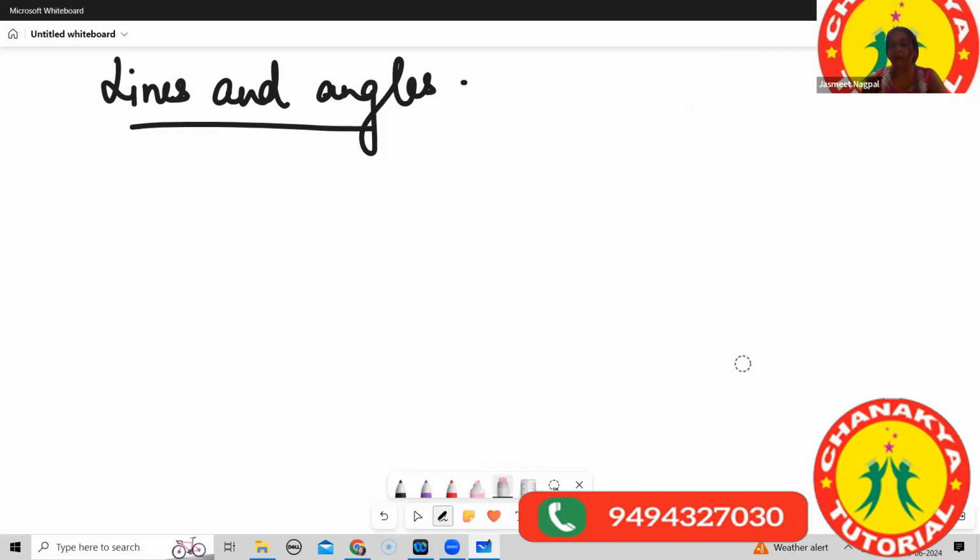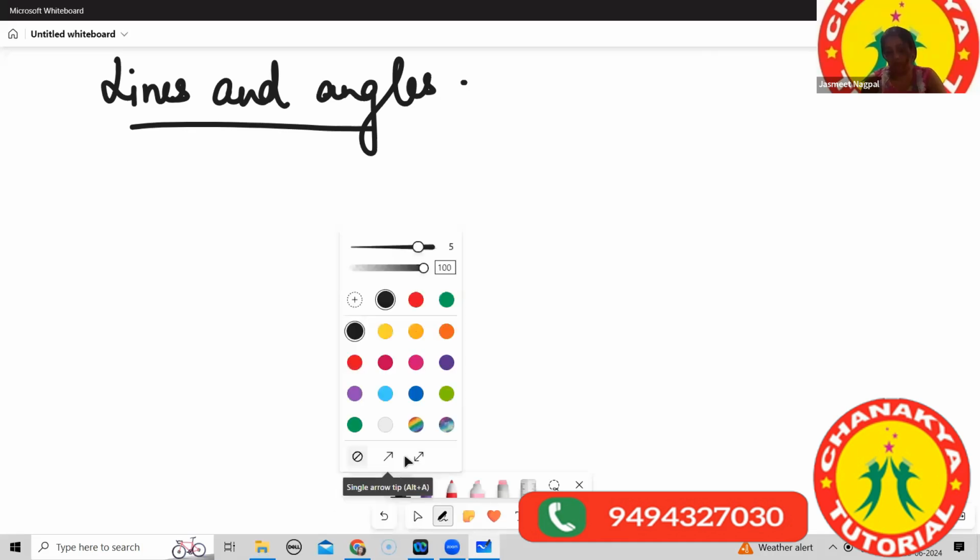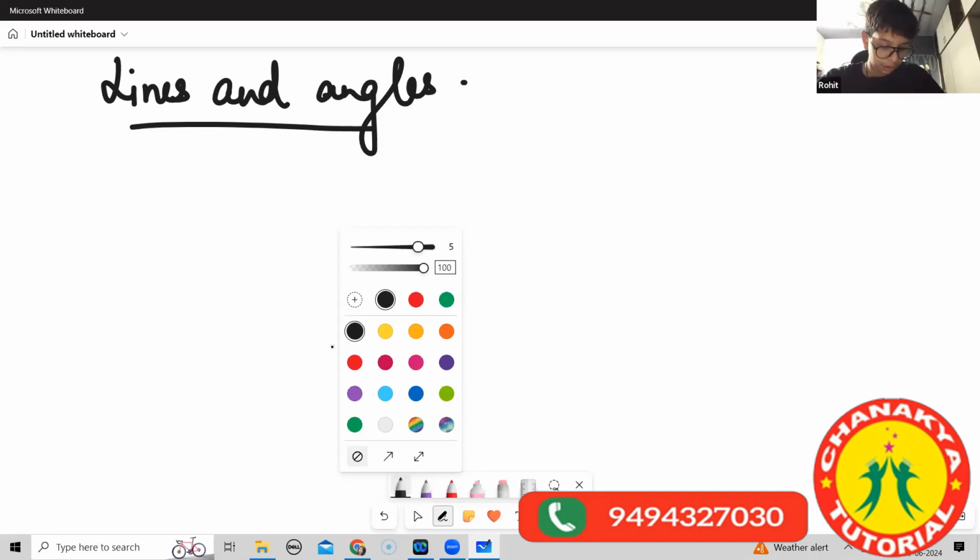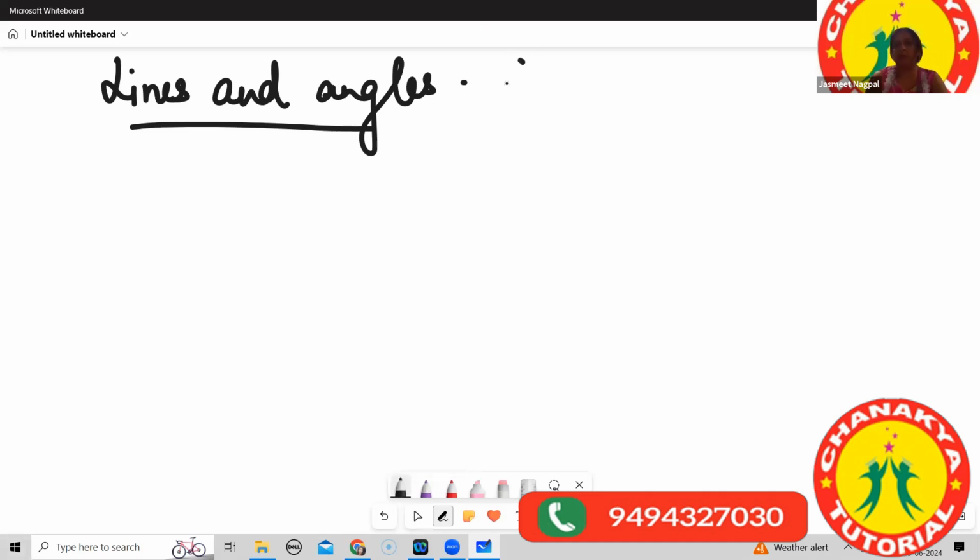NCERT class 9th, lines and angles. Which exercise is there? 6.1. Okay. Sampath, so read the first question of 6.1 firstly.